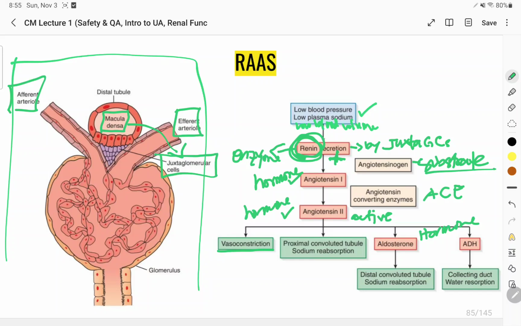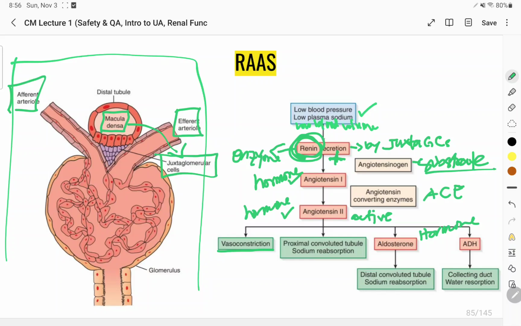So mag-combine na silang duha and it will produce angiotensin 1, which is a hormone, and then it must be activated by your angiotensin converting enzyme, and angiotensin 1 mahimong angiotensin 2, which is the active form of your hormone that causes vasoconstriction, sodium reabsorption on your proximal convoluted tubule, and it also stimulates your adrenal cortex to produce aldosterone, which is a mineralocorticoid, and it also signals your distal convoluted tubule to reabsorb sodium, and then also it triggers your ADH to act on the collecting ducts to reabsorb water. Okay, para mabalik ang pressure.